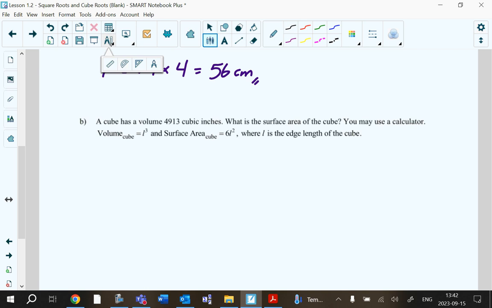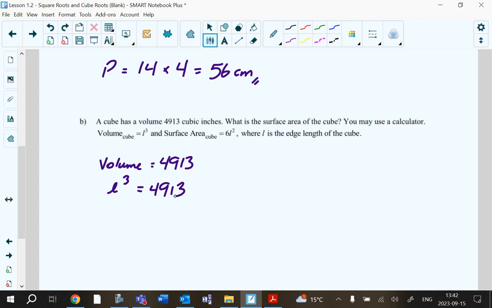Okay. So the volume is equal to 4,913. Well, how do we find the volume? L to the third is equal to 4,913. So I need to find what times itself gives me 4,913.